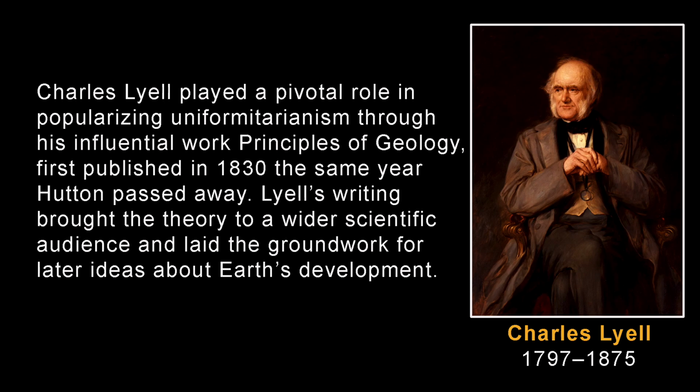Charles Lyell played a pivotal role in popularizing uniformitarianism through his influential work Principles of Geology, first published in 1830, the same year Hutton passed away. Lyell's writing brought the theory to a wider scientific audience and laid the groundwork for later ideas about Earth's development.